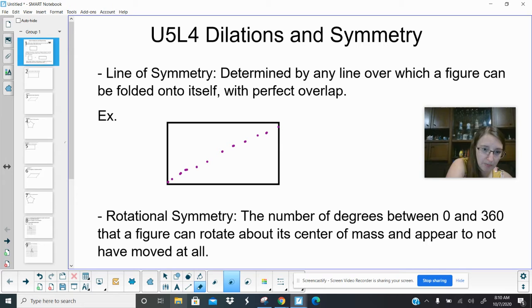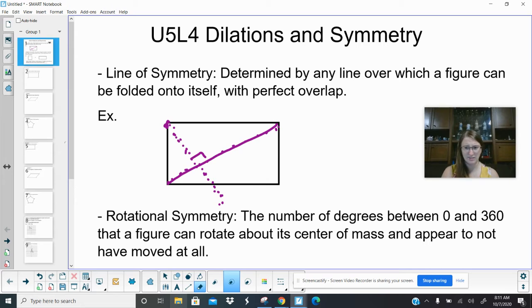So for example here, coming down perpendicularly means at a right angle. So this point, if I come down to this line, yeah, that's perpendicular, that's a right angle. And then I estimate the same distance away. Well, if I folded my rectangle over this line, this point would end up folding all the way down here.